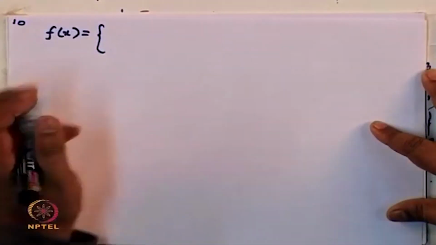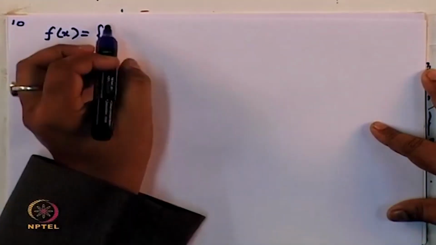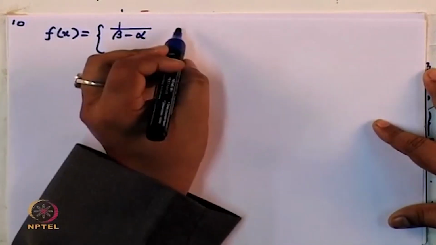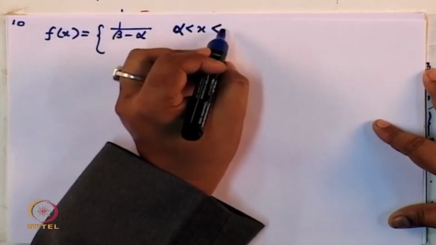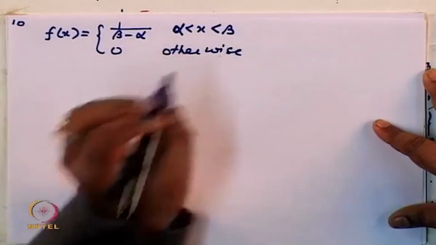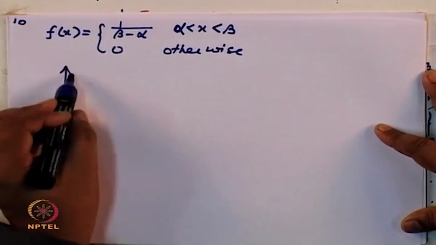So, in general, you define the probability density function for a uniform distribution as f(x) equal to 1 by beta minus alpha. If you have a domain alpha to beta, then your probability is uniform within that region.